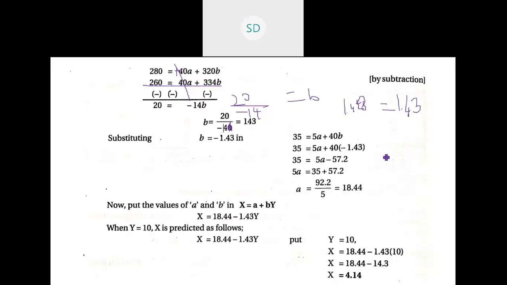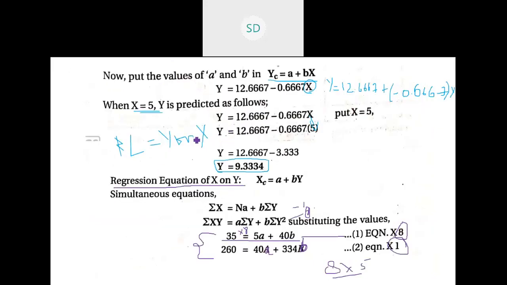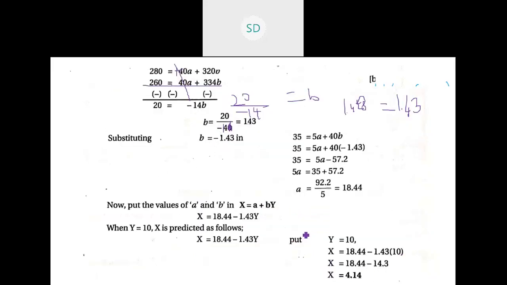That will also work. Now once we get the value of b, let us substitute this value of b in the original equation to get the value of a. Now what is the original equation? The original equation here is 35 is equal to 5a plus 40b. Okay, we are using this equation and we will substitute the value of b.